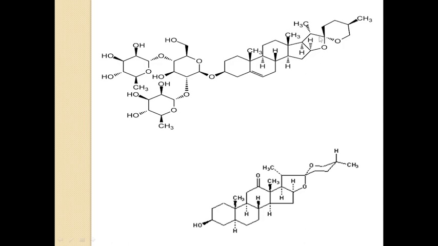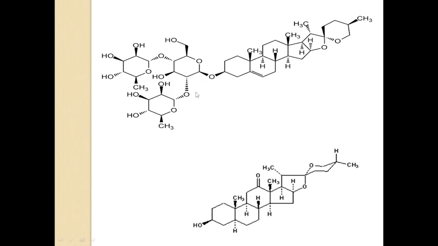In case of dioscin, there is a glycosidic linkage at the beta 3 position. This one is the third position, and here beta-D-glucose is attached, a glucose molecule is attached at the third position of diosgenin.